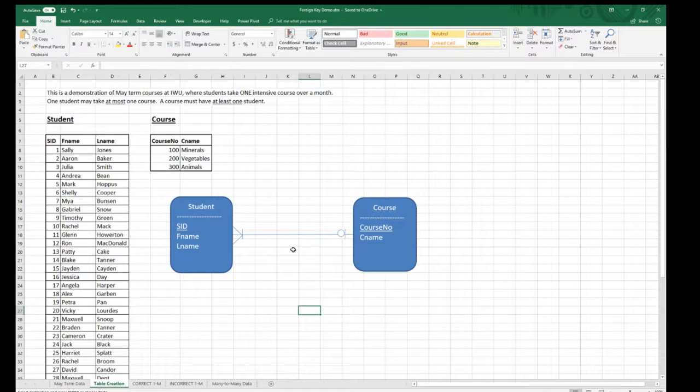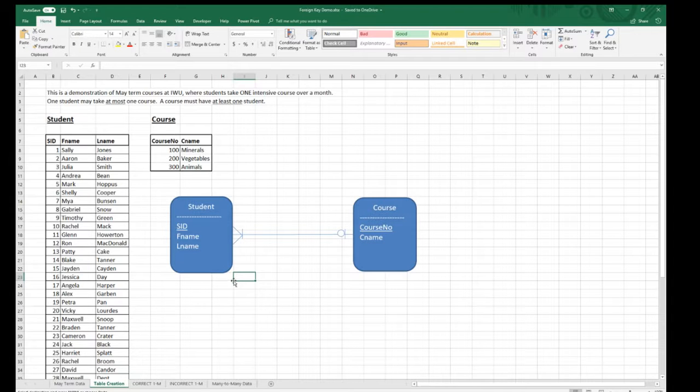But the purpose of representing the relationship is so that when we're doing a query, which we'll do later, I could say something like, given a particular student ID, can I find the name of the course that the student's enrolled in? Or if I'm given a student last name, can I look up the course name that's related? So what I have to do is use the foreign key to get from one table to the other.